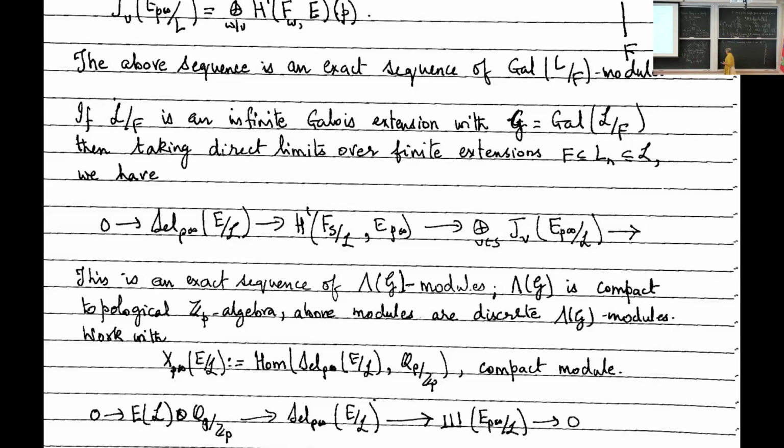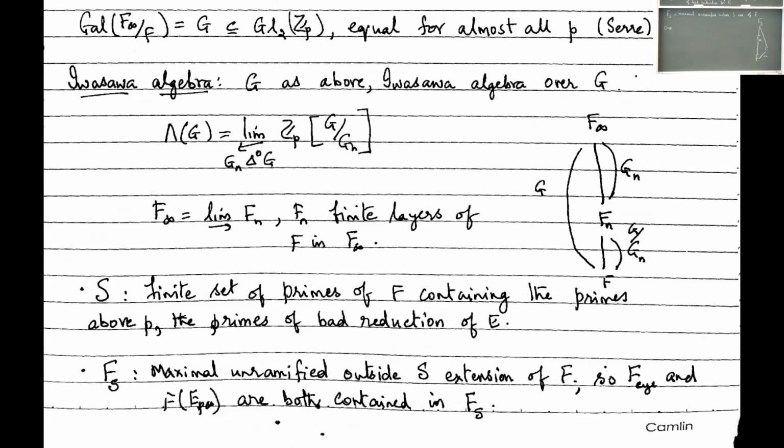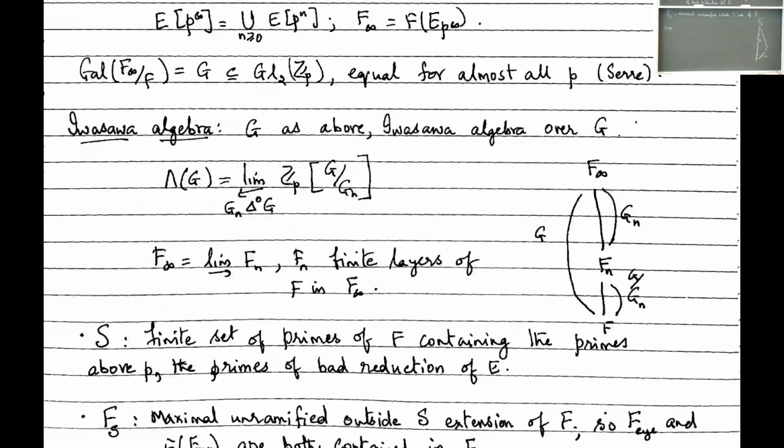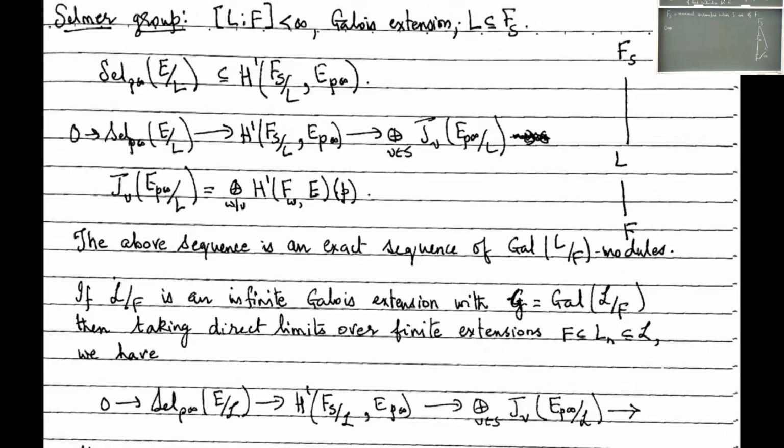Now, what is the Selmer group? Let me first define it at a finite level. So this is a finite extension. So the Selmer group is something defined as a subgroup.